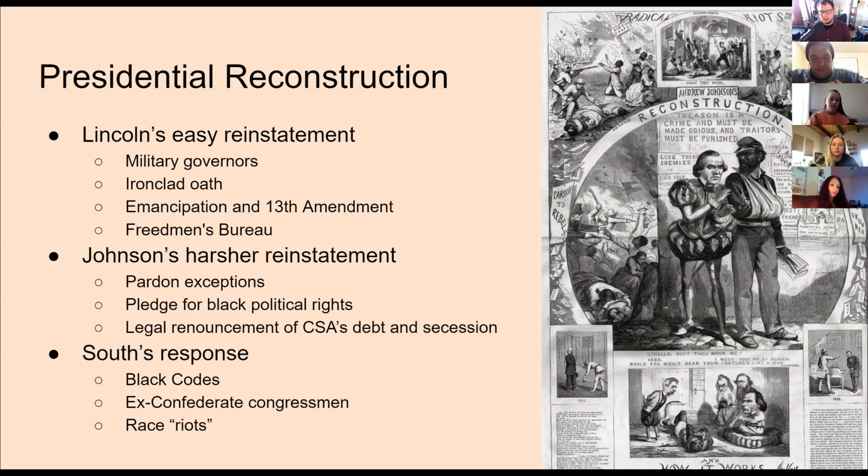Anyways, his first way of making Reconstruction harsher was to make sure that pardons were more difficult to achieve. Lincoln was basically blanket pardoning anyone charged with crimes. In fact, of the war crimes that were prosecuted by the U.S., only one person ended up being executed: the person who was leading a very harsh prison camp in Andersonville.